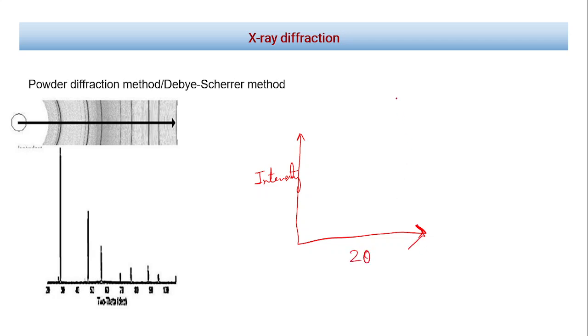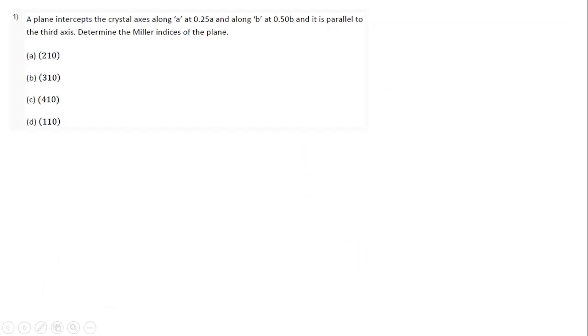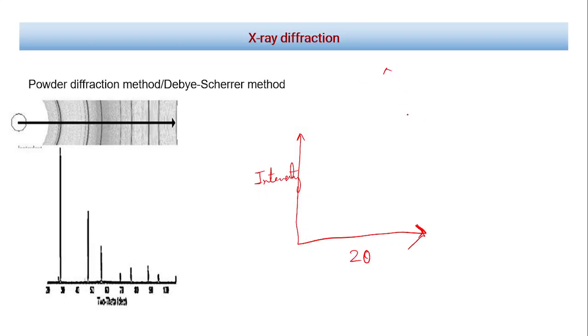Now why we say 2 theta and not theta, this is also a very important question, asked many times. When I have my planes like this, I have incident X-ray at angle theta. Experimentally it's difficult to measure the angle between the X-ray and my crystal planes.